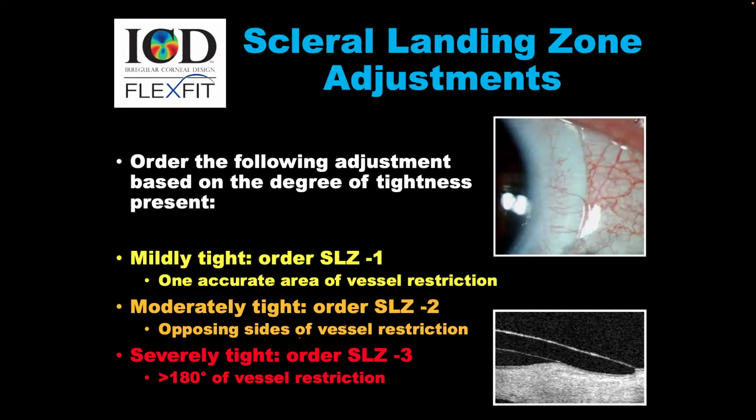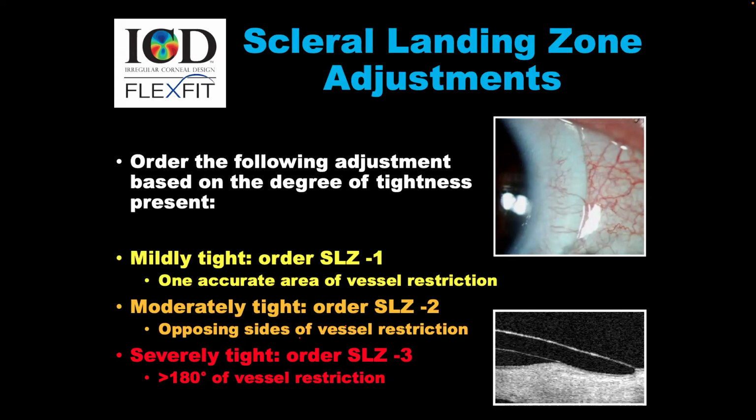As it says here, it's just one area of bezel restriction. If we go to a moderately tight lens, order an SLC, sorry, -2. And here's the thing, because it says opposite side of bezel restriction.